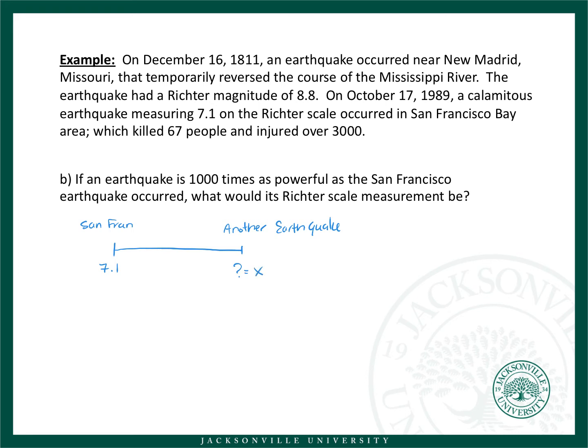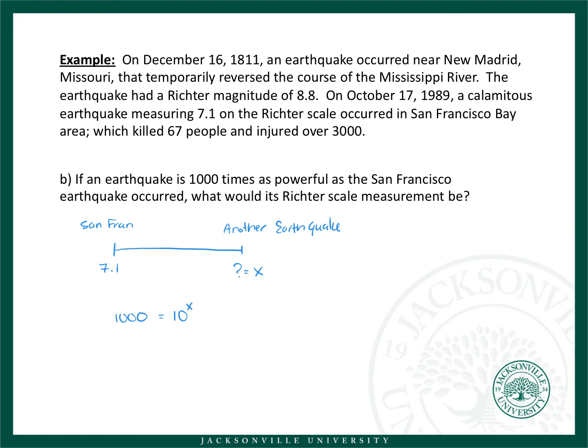That's what we're trying to figure out: what is its measurement on the Richter scale? What we do know is that compared to San Francisco, this other earthquake is 1,000 times stronger, or more powerful, or more severe. Since the magnitude on the Richter scale is logarithmic, base 10, an earthquake that is 1,000 times more powerful is 10 to the x power.